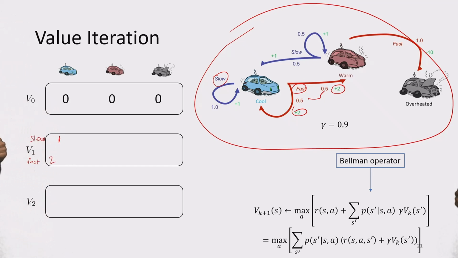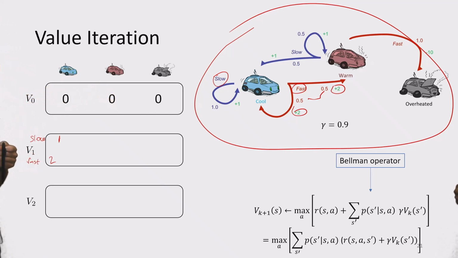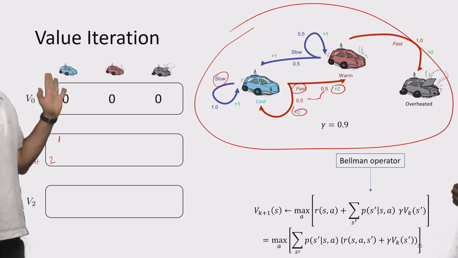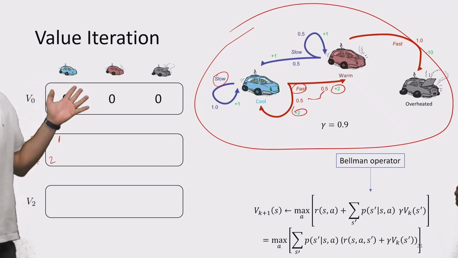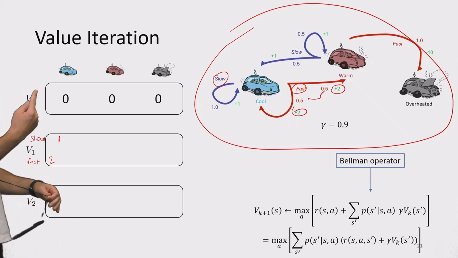I will discuss it later, but value iteration can be seen as gradually increasing the planning horizon. At V0, we assume, what would happen if we can take no action at the moment? Well, we see no results, so 0. V1 is how can we maximize our reward in a single time step?